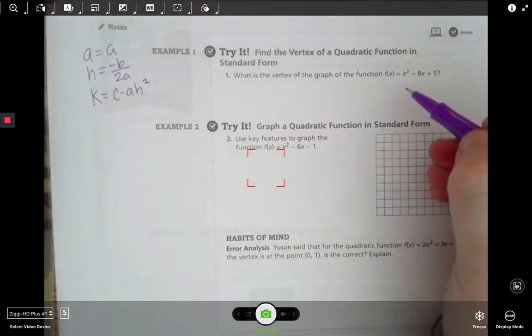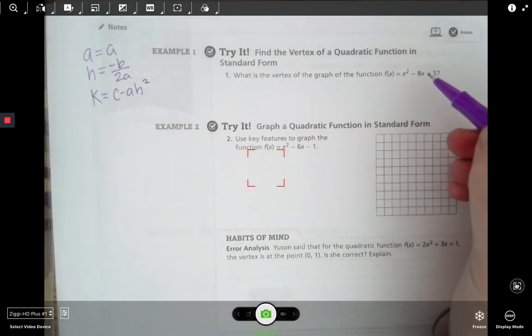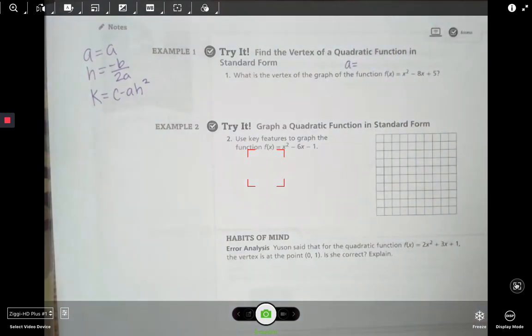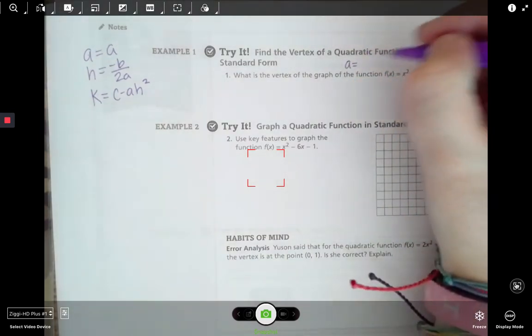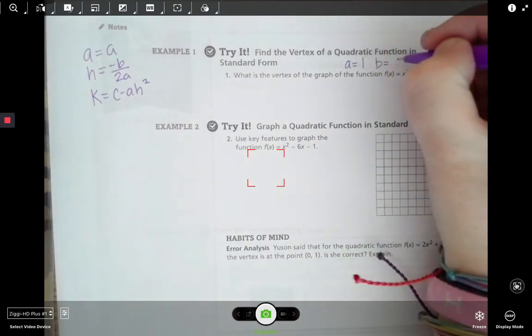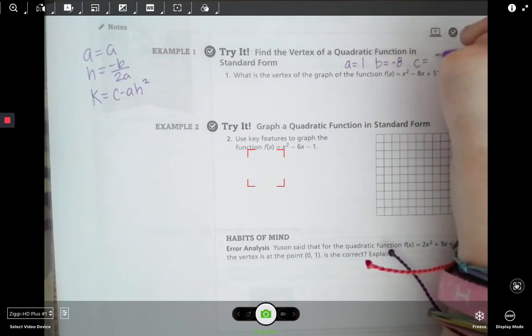Alright, so if we look at our triad over here, we've got f of x is equal to x squared minus 8x plus 5. So let's see, what does a equal in the standard form of our equation? a equals 1, b equals negative 8, and c equals 5.